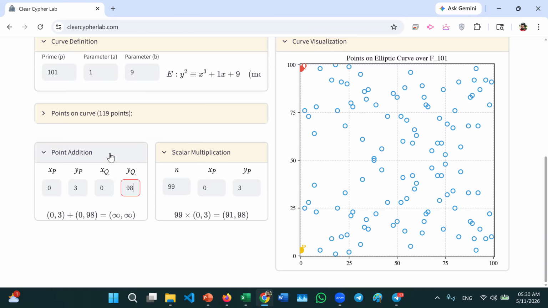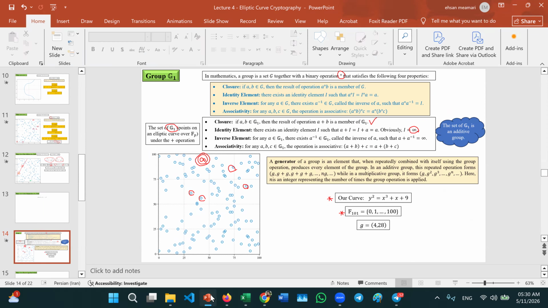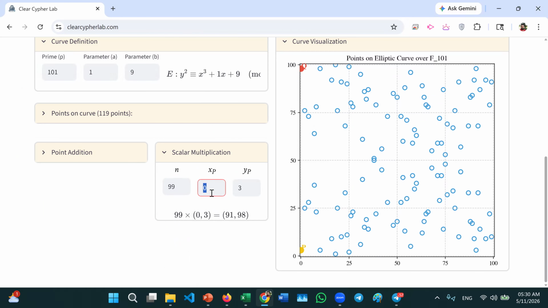So we want to check using the scalar multiplication. This is the curve, and we discussed this. The generator is (4, 28). Okay, if I put 2, I will generate (48, 85), right? If I put 3, I generate (50, 18).